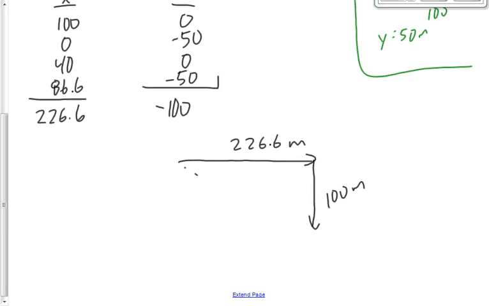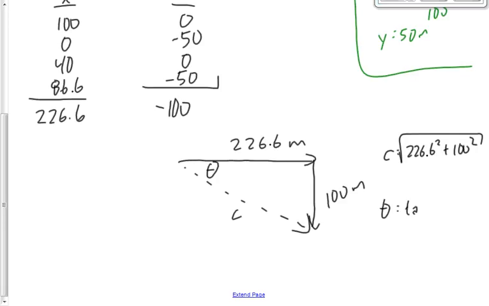And then our resultant vector, the hypotenuse, is C. Inverse tan of opposite over adjacent. This time it's 100 over 226.6.